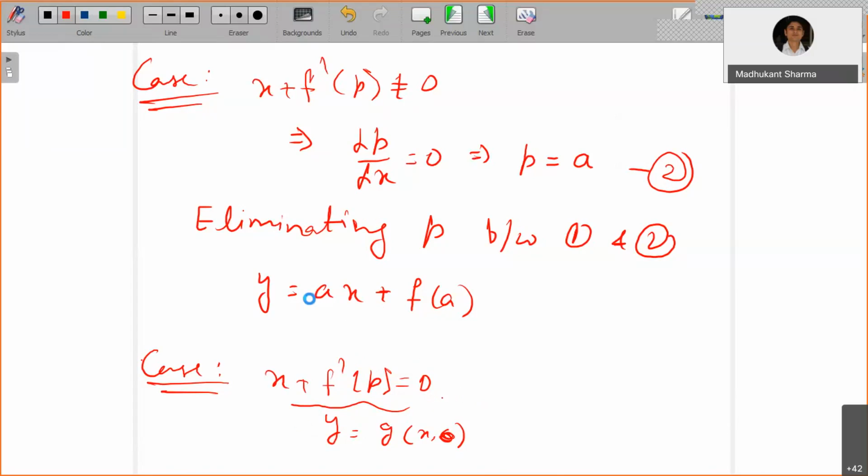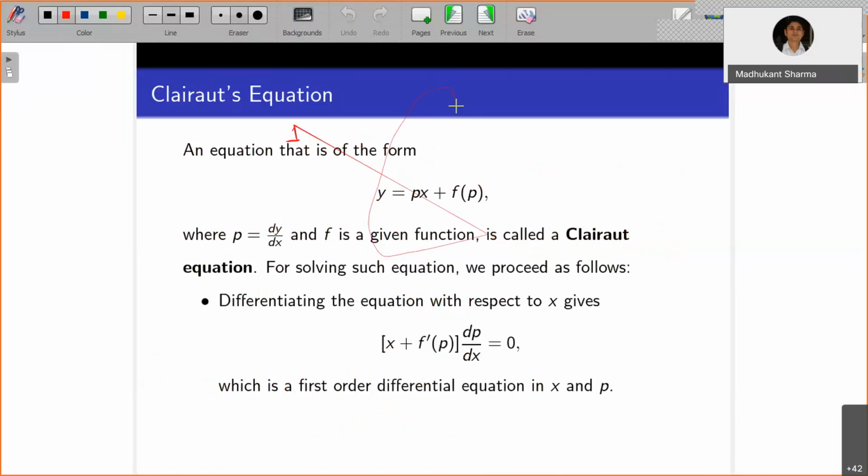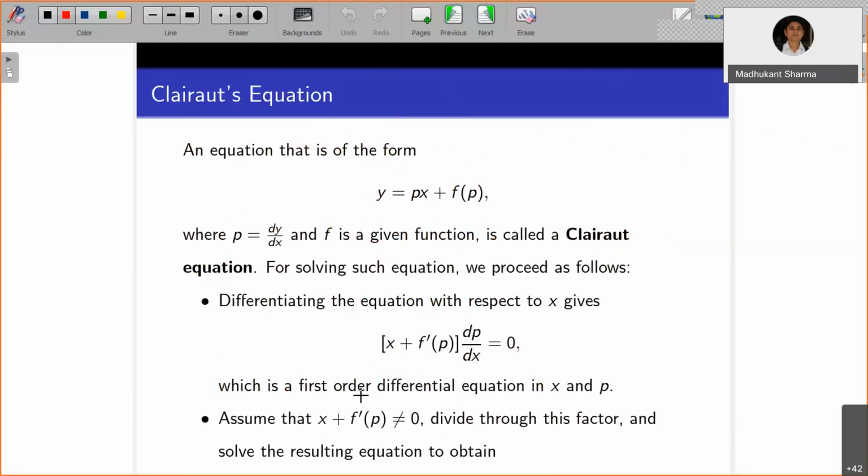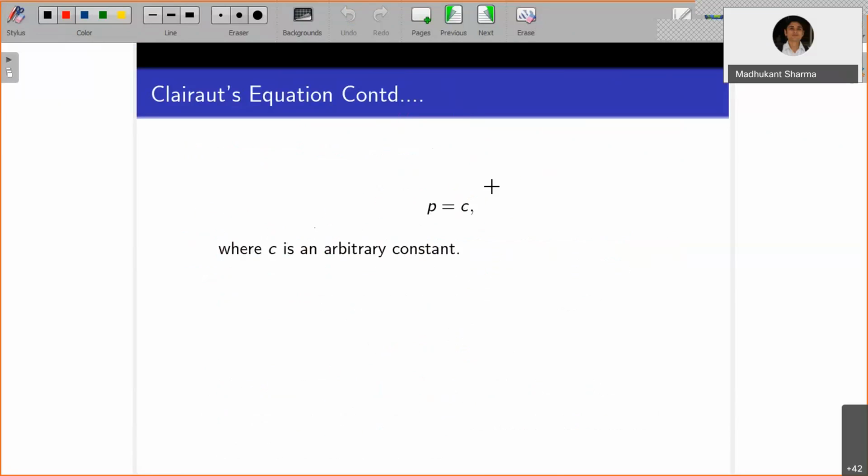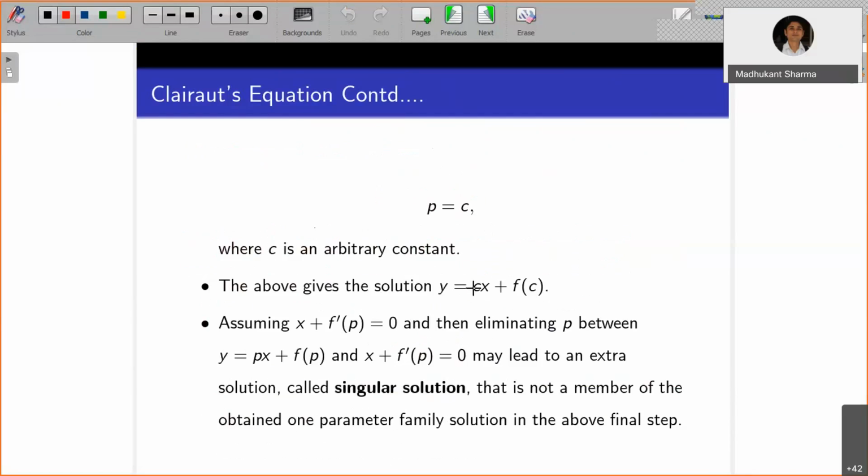I have already explained this. It's known as Clairaut's equation. Differentiating leads to this. Assume that this is non-zero, then you have dp by dx equals 0, which results in p equals some arbitrary constant, and the general solution will be y equals cx plus f of c.